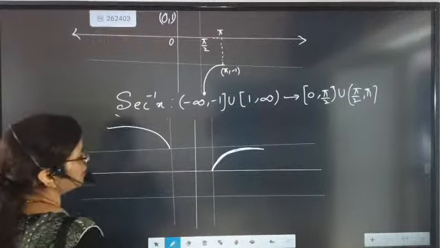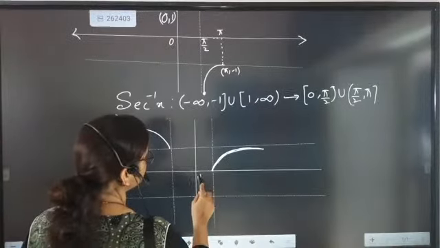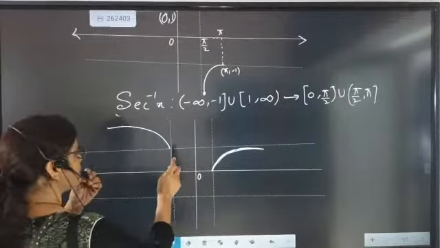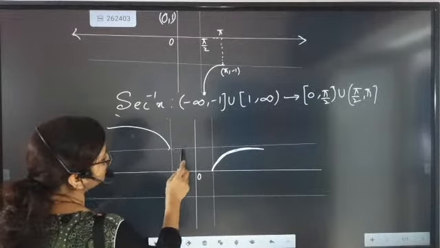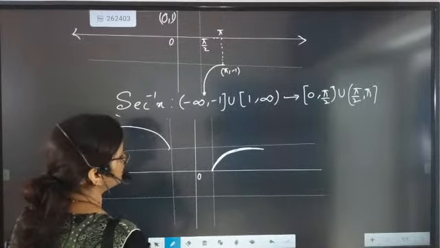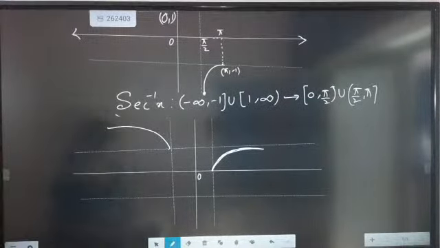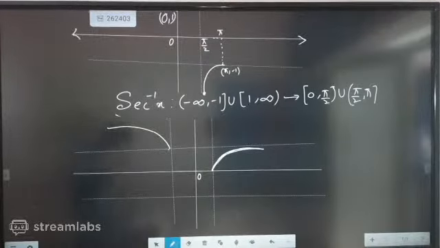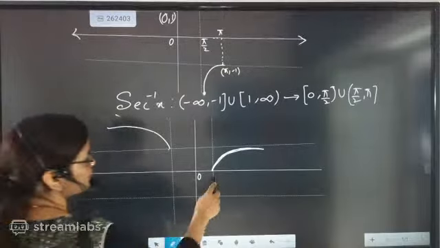Now look here, beta. This part is exactly coming as the origin. Initially, what we were taking here, plus 1 value will be there. Check this one. It will just go the opposite way, beta. Here this part will come as 1 and 0.